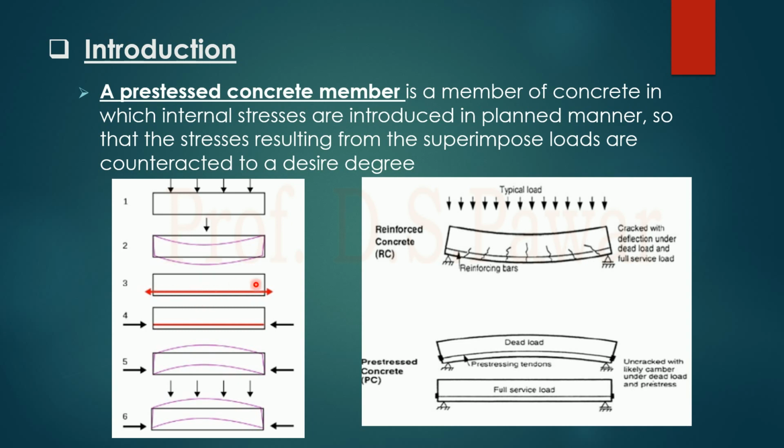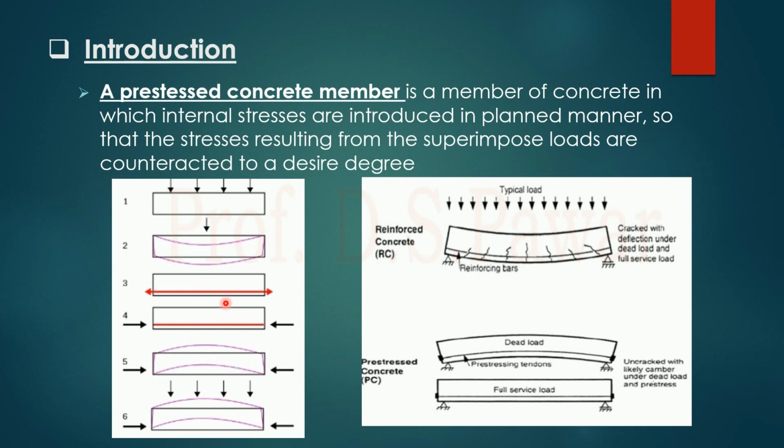We will see later what a tendon is. With the help of this tendon, first we apply forces on the tendon. We stretch the tendon, and then we cut the tendon. After cutting, the force acts in reverse, and the compression force acts on this beam. When the force acts on the beam, the profile of the beam is like this.